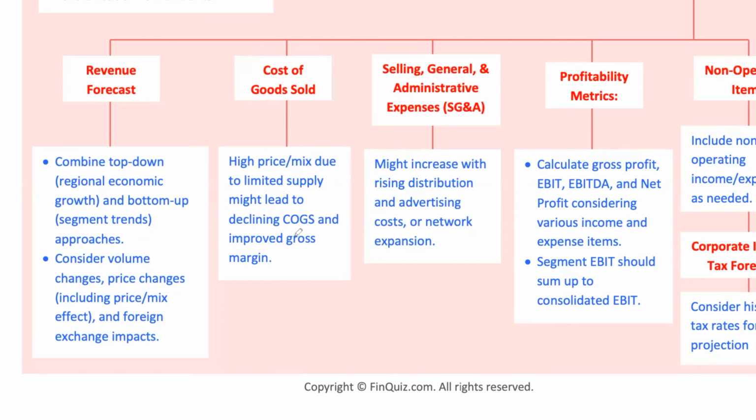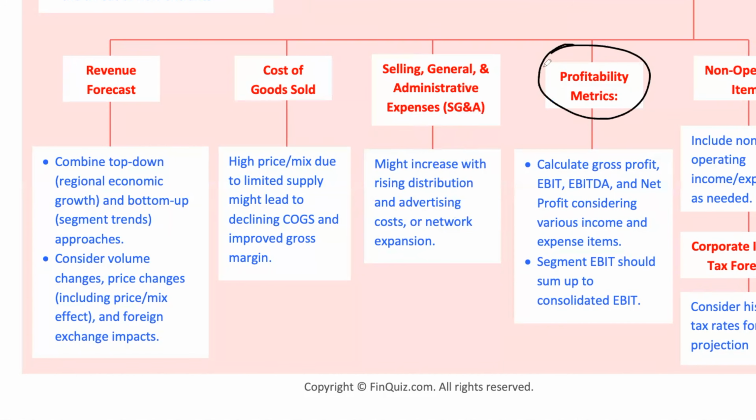And don't forget selling, general, and administrative SG&A expenses. These tend to increase when companies expand distribution networks or up their advertising game. So if a company is going all out with new ads or expanding into new markets, expect those SG&A expenses to rise.